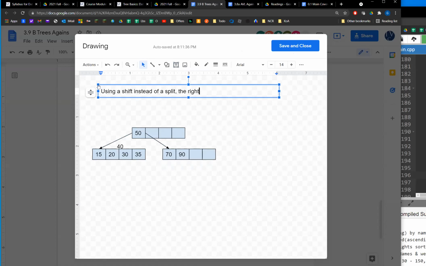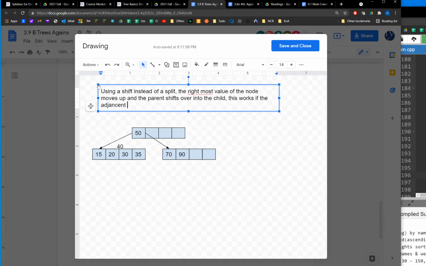Rightmost value of the node up, and the parent shifts over into the child, if the adjacent leaf has space.